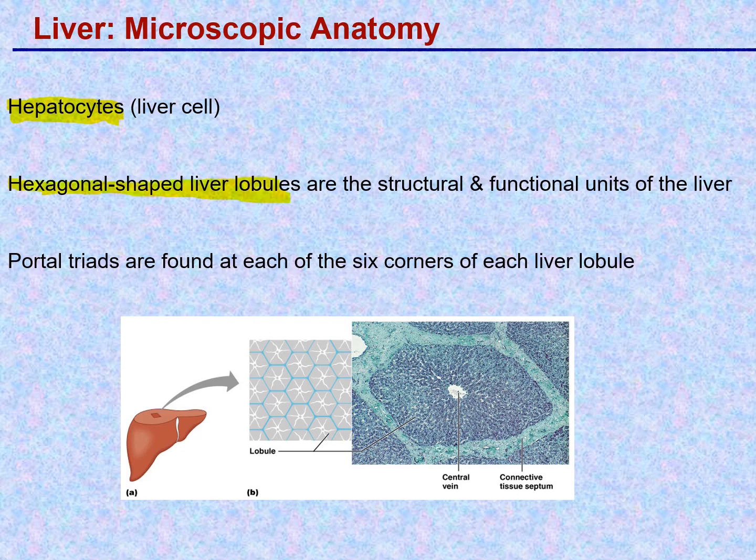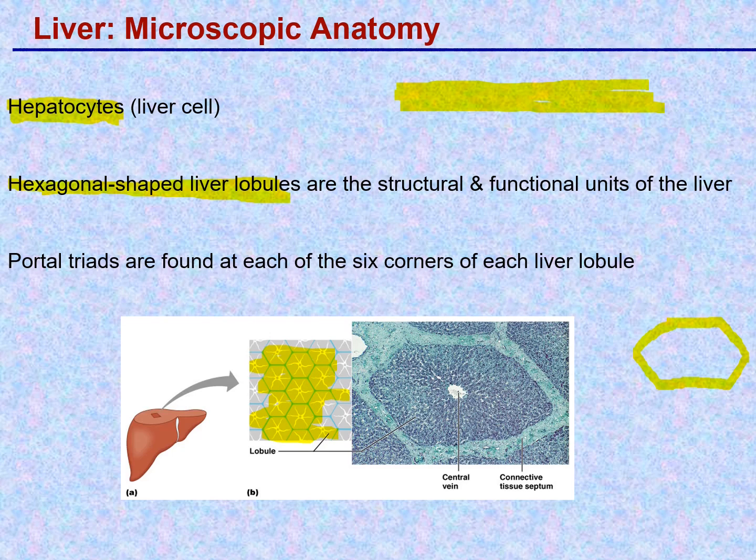These hexagonal liver lobules are long columns that in longitudinal section would look like a very long column. In cross section they are hexagonal shaped, and you can see very clearly these hexagonal shaped liver lobules, but they're actually cross sections of these 6-sided columns.